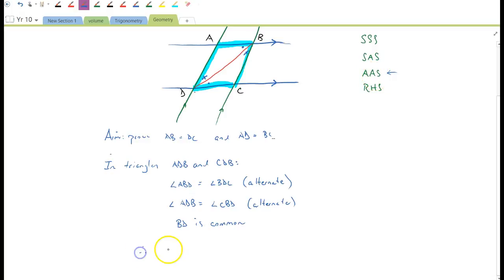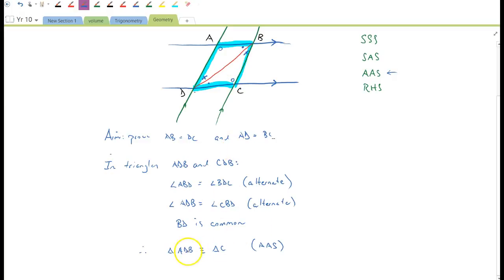So therefore I can say that triangle ADB is congruent to triangle CDB, and we've gone with AAS. But what I should do actually is write these out in order. So when I say ADB, I have to write this triangle in the same order. So my angle A corresponds to my angle C here, because that angle there is equal to that angle there.